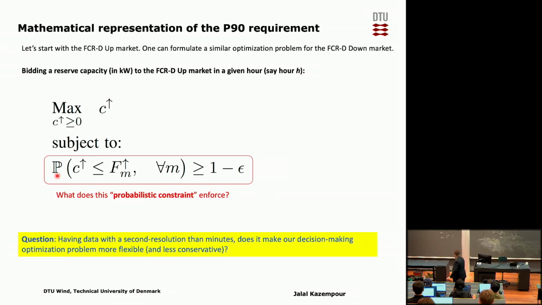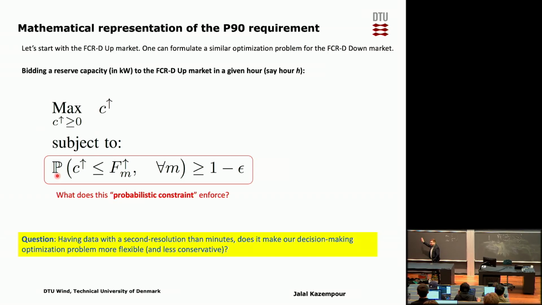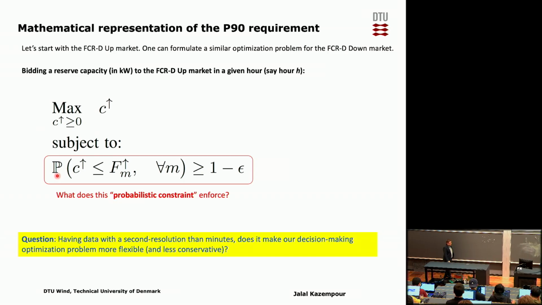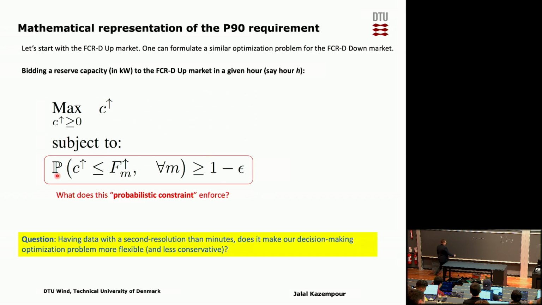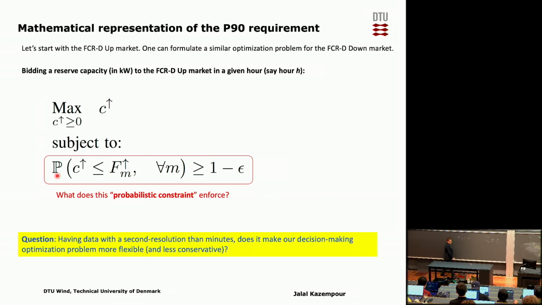Let me reformulate my question. Based on minute level data, let's say that I calculate my optimal C up, and imagine for a specific hour, it becomes 10 kilowatt. If I have access to and use second level data, do you expect this value to become 11 or 9?